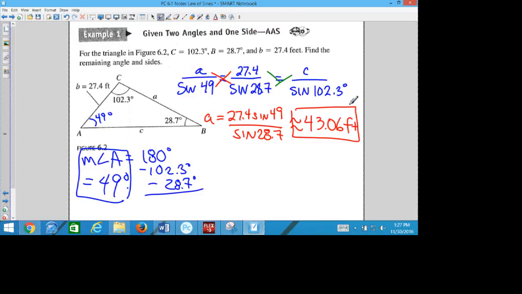C with the B's. So we'll get C is equal to 27.4 sine 102.3 divided by sine 28.7.